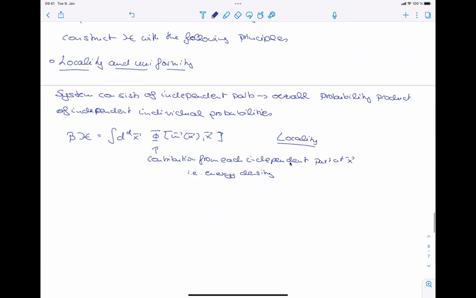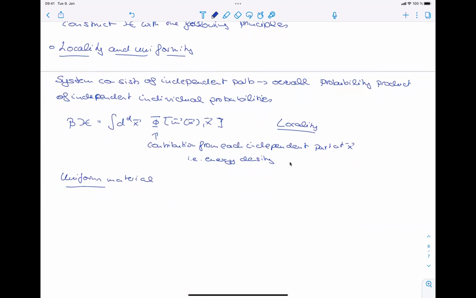And then to distinguish, if I have a uniform material, then there should not be a dependence on x. As I said, I don't care about the properties of the spin at site 5 nor the spin at 550. They are the same. They have the same properties.